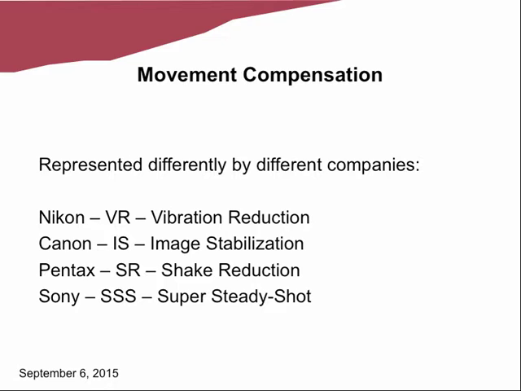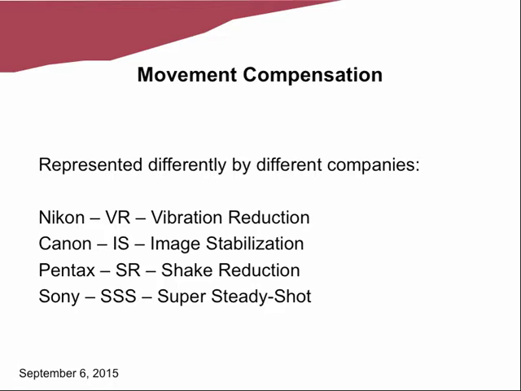One thing to realize when you are entering the production world, people are very loyal to certain brands of cameras and lenses and equipment. Movement compensation, this is just an idea to give you how movement compensation is represented differently by different companies.